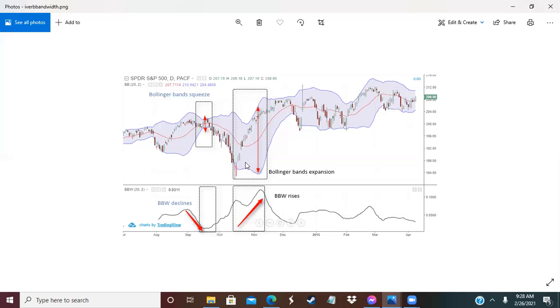If I note that there's a lot of volatility in a stock, then sometimes that makes me a little leery to get into it. Obviously, I don't want to get on the wrong side of a very volatile stock that makes a crazy movement against me. So that might be something to look out for on the defensive. But as far as the Bollinger Squeeze goes, that strategy is great. And you use it just how I explained it, along with the Bollinger Bandwidth. All right, so that's that.